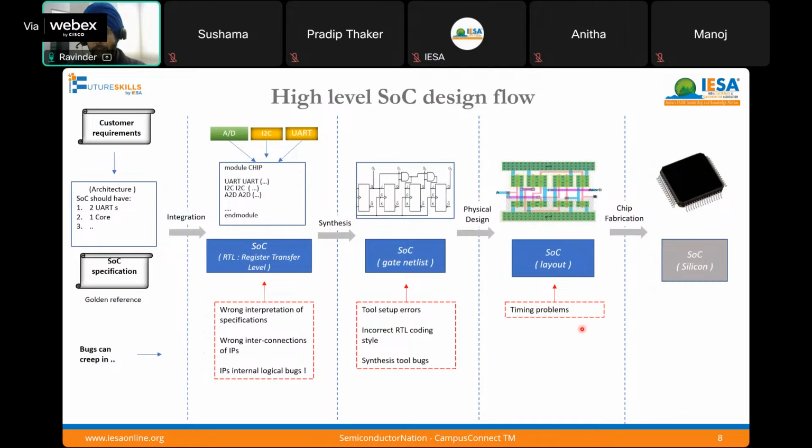Then at the layout stage, we now have timing also in the picture, and there could be timing problems created because of all the parasitics that we have in the layout. The RLC, resistors, inductors, capacitors, could cause setup and hold violations and timing problems. These timing problems could manifest themselves as real bugs in the final product.